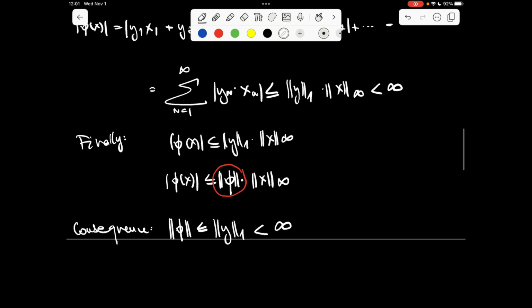So the linear functional is bounded, hence it is continuous. So yes, we have a continuous, bounded, and linear functional in space L1.